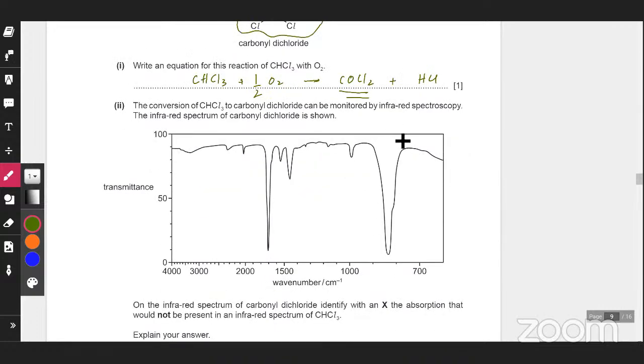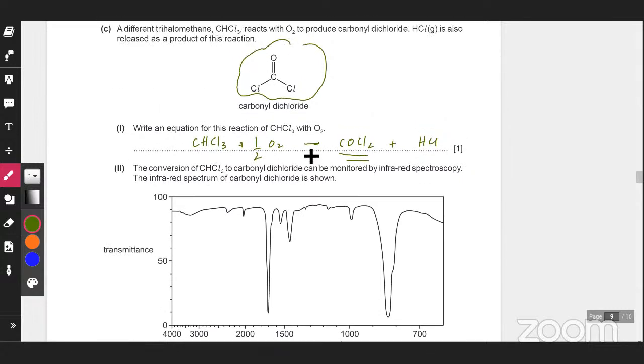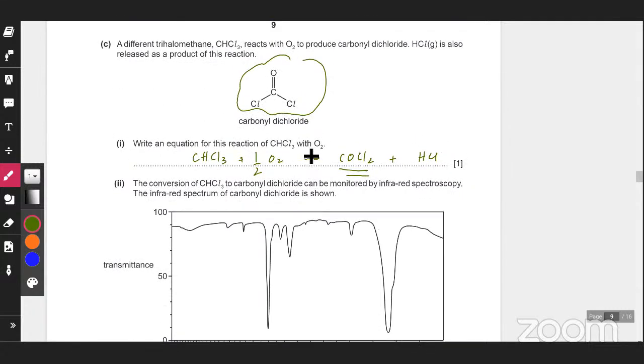Now this one, infrared spectroscopy. He's talking about carbonyl dichloride, which is this one. I'm just going to briefly go over infrared spectroscopy, which is simply, there's nothing to it except for the fact that these bonds over here, if there are infrared radiations of certain frequencies, then these bonds vibrate.